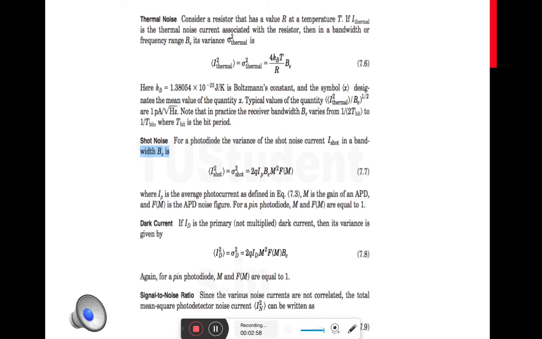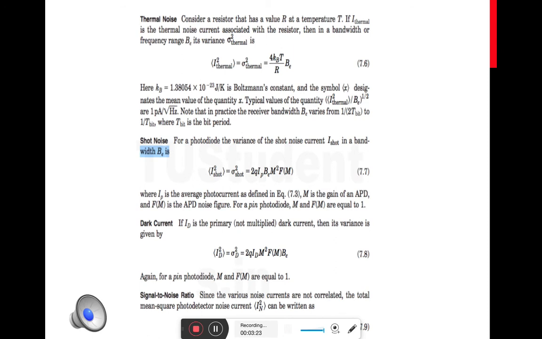Now for the shot noise, the current I square shot is equal to sigma square shot, that is equal to 2q I_P B_e M square F(M), where I_P is the photocurrent, B is the bandwidth, M is the multiplication factor, and F(M) is the avalanche photodiode noise figure.